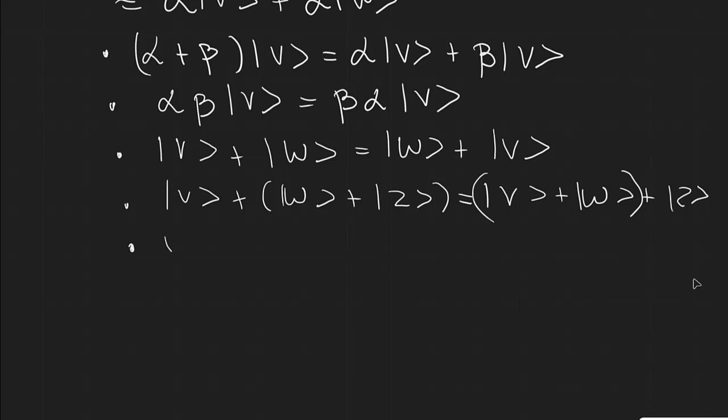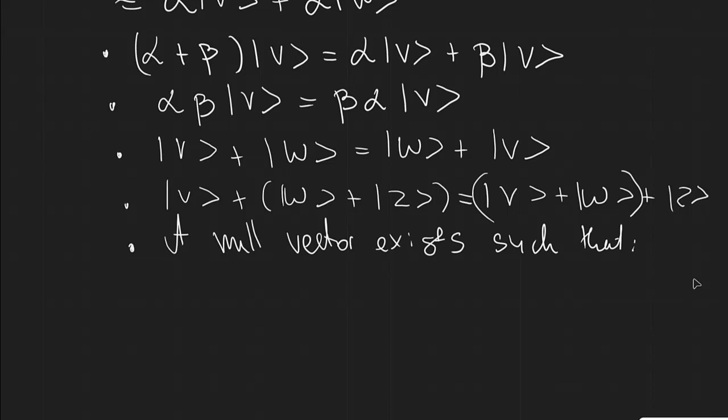Shall I just write this with words, that a null vector exists such that vector v plus, let's call that null vector just 0, will be just equal to v.